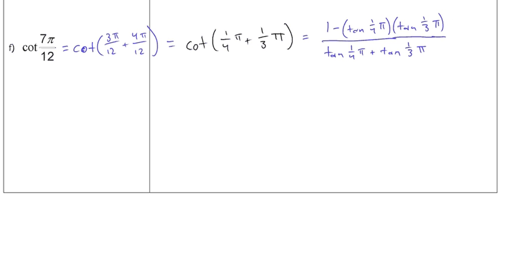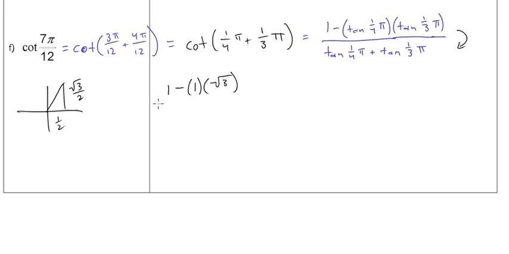All right. Plugging in everything we know. Tangent of 1/4 pi is going to be 1. So we have 1 minus 1 times tangent of 1/3 pi, so here's our reference angle. 1/3 gives us square root of 3 over 2 as our sine, 1/2 as our cosine, and ends up being the square root of 3 for tangent.